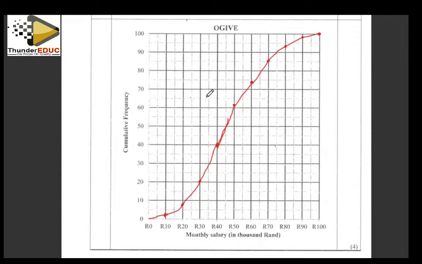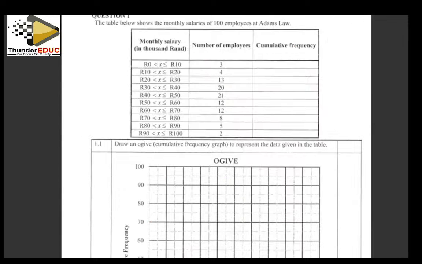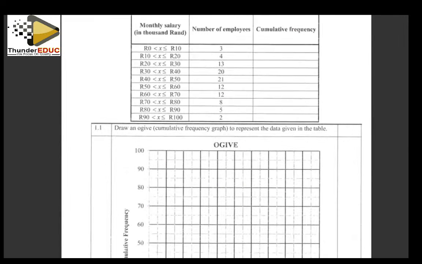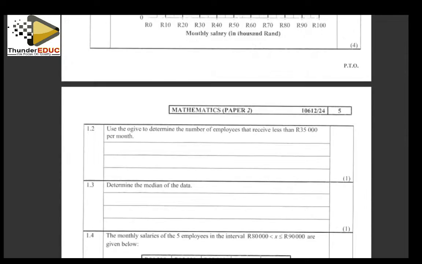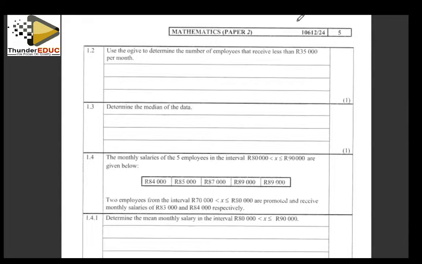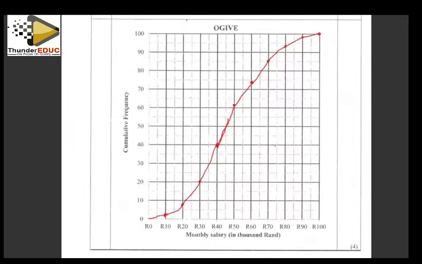Then question number next, what do they need? They want us to use the ogive to determine the number of employees that received less than 35,000. So for us to get 35,000, we come to the salaries and look for 35,000, which is halfway here.